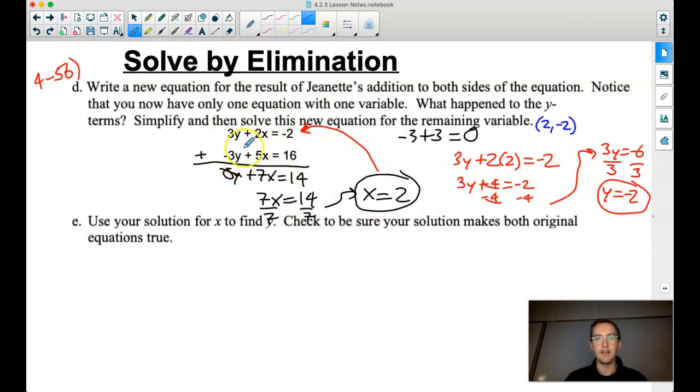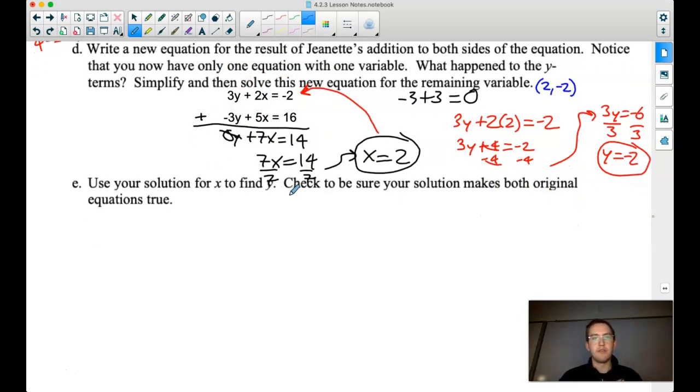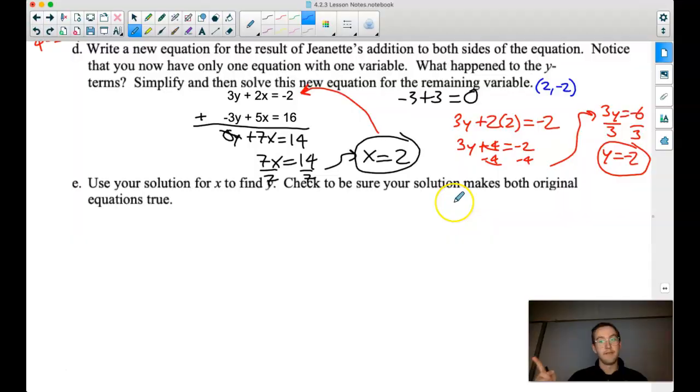Again, we just add the like terms together vertically in our system of equations. So if we think back to how to check to make sure our solution is accurate, what we do is plug it in. We take both equations.